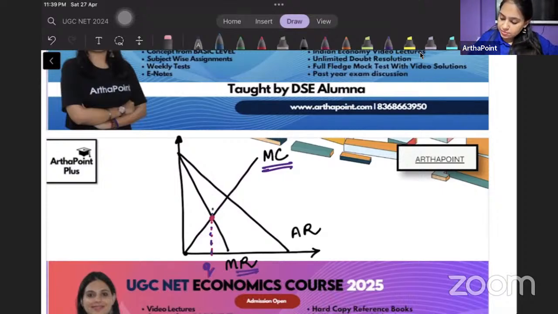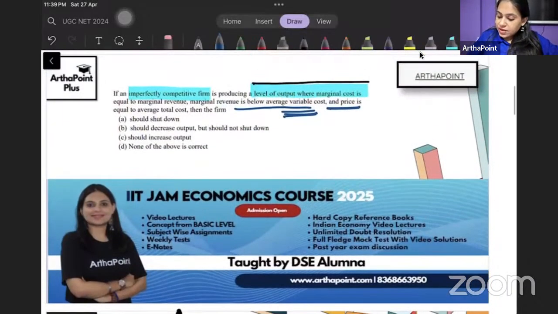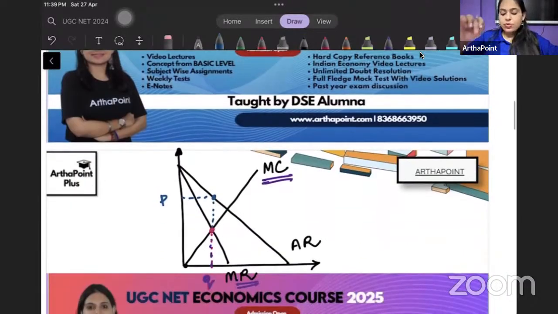Right, beta? So I am taking this to the AR curve, and from the AR curve I have got the price. Now the question is saying that the price is equal to average total cost. Okay? Let's go ahead and draw that. So I am going to take price equal to ATC. So I will draw ATC equal to price.